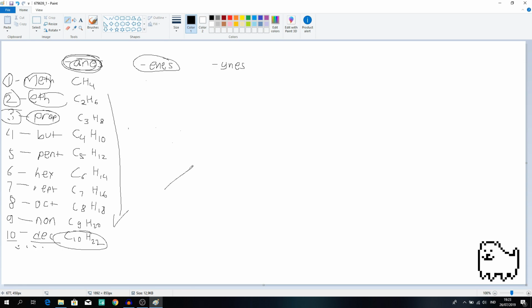So we have 1, 2, 3, 4, 5, 6, 7, 8, 9, 10. So you have 1 carbon here, 2 carbon here, 3 carbon, and so on. This carbon will have 3 hydrogens. You'll have 2, 2, 2, 2, 2, 2, 2, 2, 3.